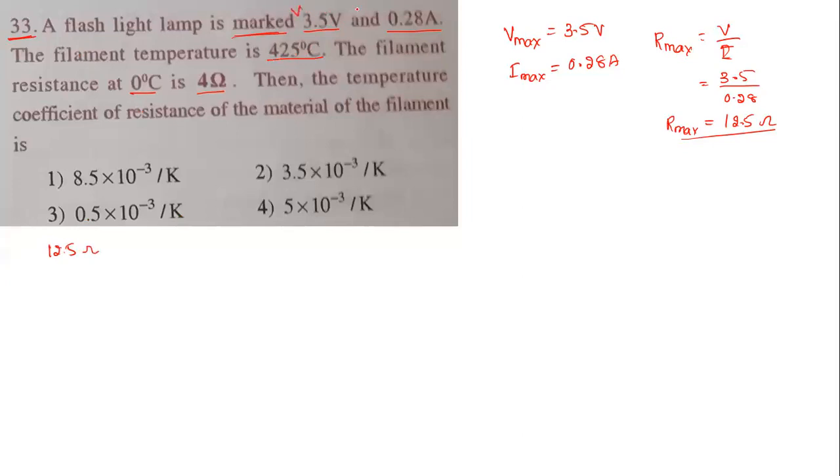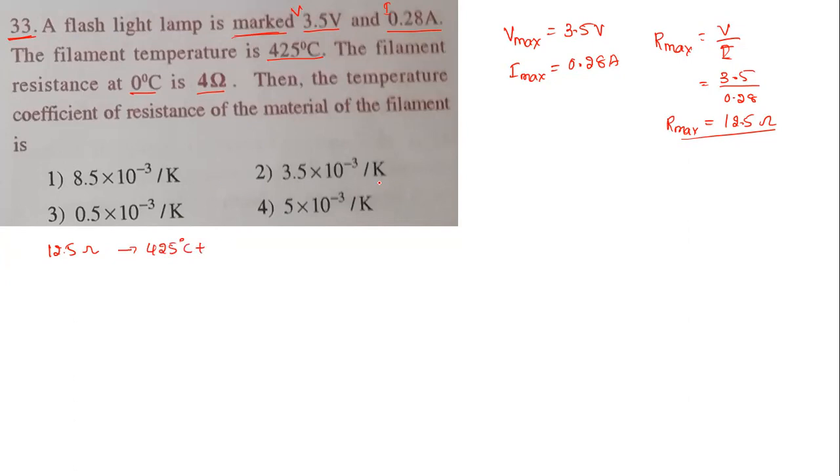This is voltage, this is current. From this I got resistance. The resistance at what temperature? 425 degrees Celsius. So that resistance is at 425 degrees Celsius, and I need to convert it into Kelvin.